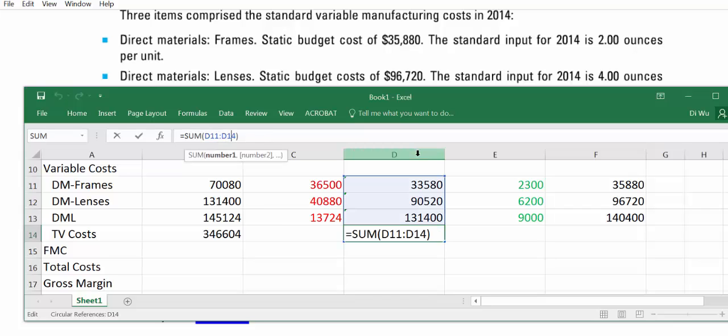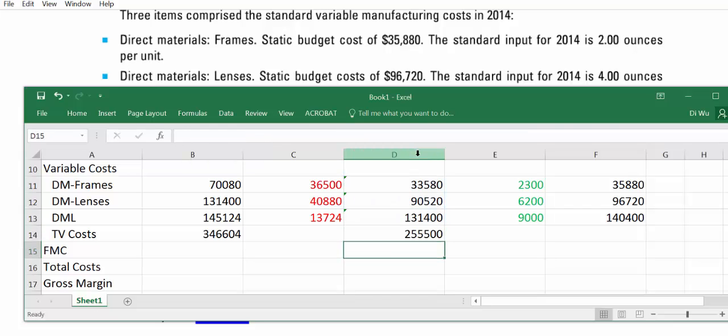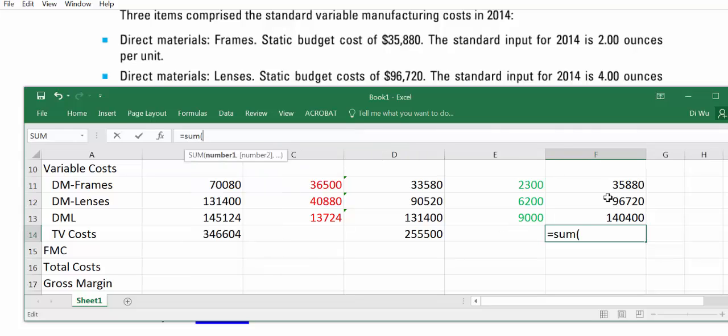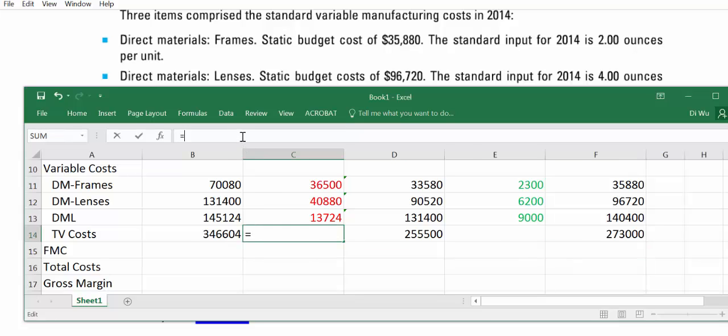D11 to D13. Right. Okay, so I have 255,500, and for this one, it's going to be 273,000. Now you can go ahead and compute the difference.